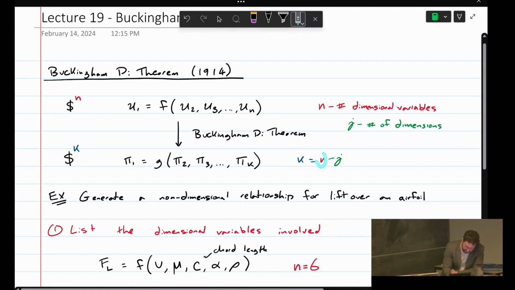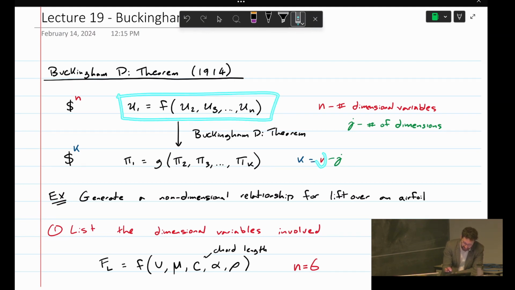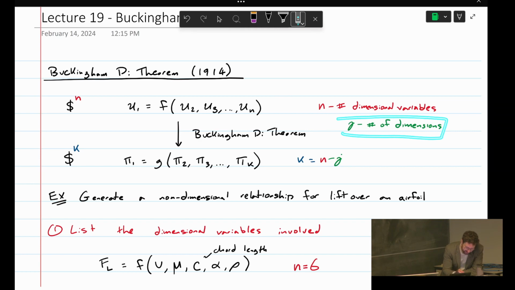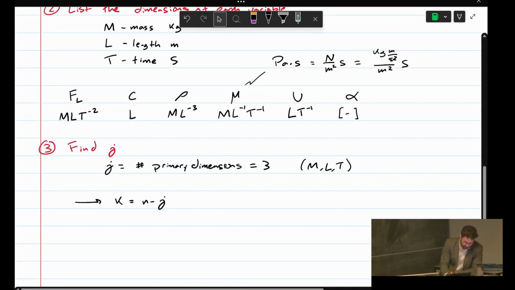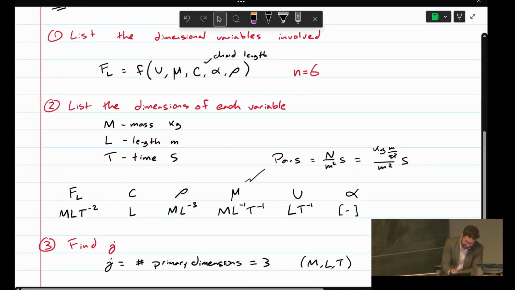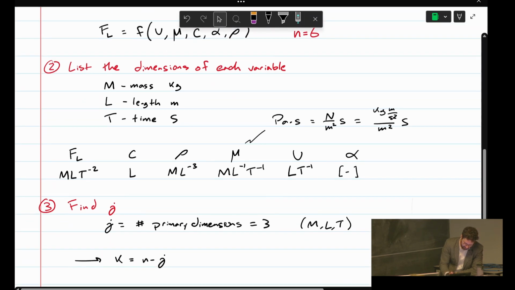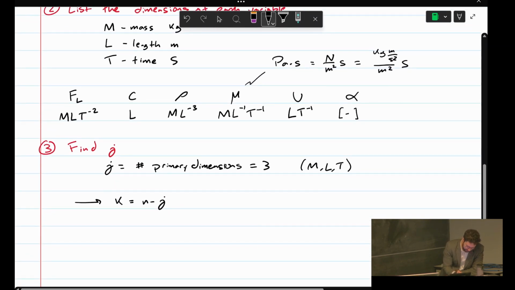N is the number of variables in our dimensional relationship. J is the number of primary dimensions. And K is the number of dimensionless groups that we expect to form. Okay, so we said N was 6. J was 3, so K is going to be 3.